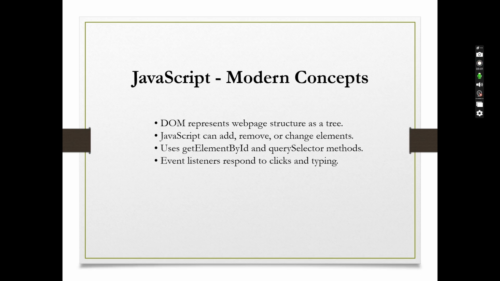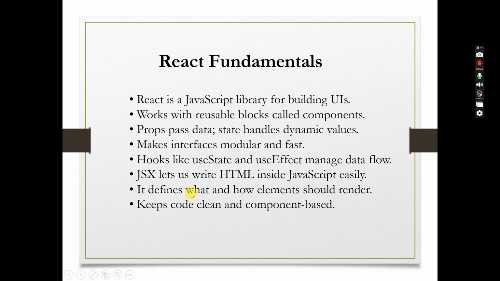In today's modern web development, JavaScript has evolved beyond just simple scripting. Now frameworks like React, Angular, Vue use JavaScript to build a full application. That was about JavaScript. Let's move to the main part, React.